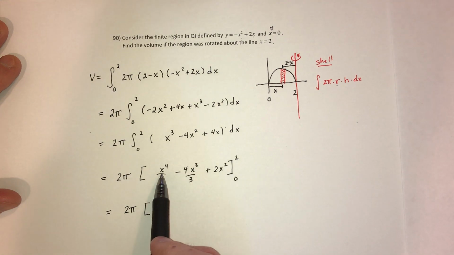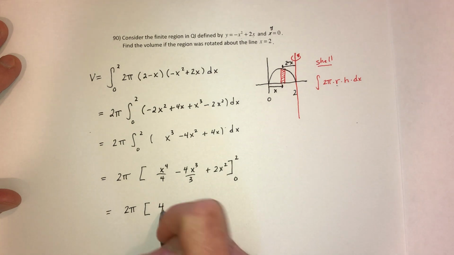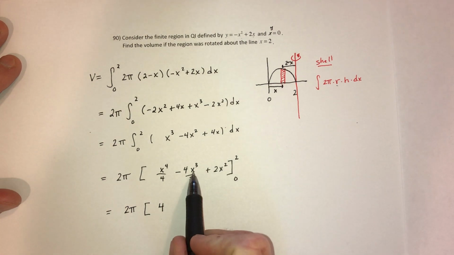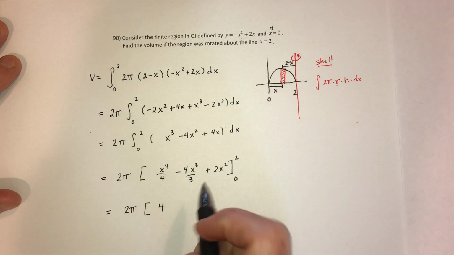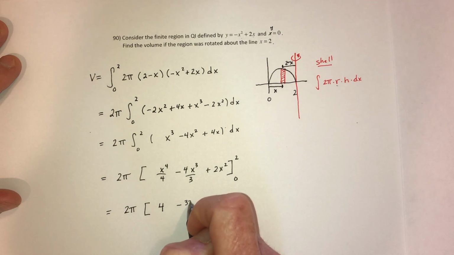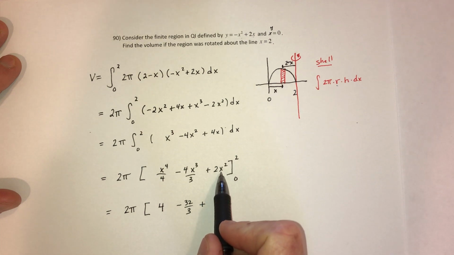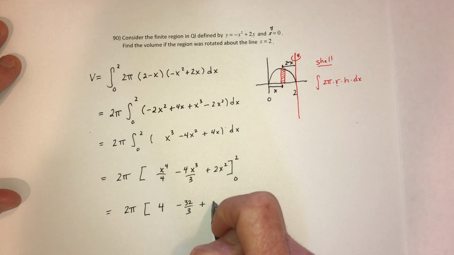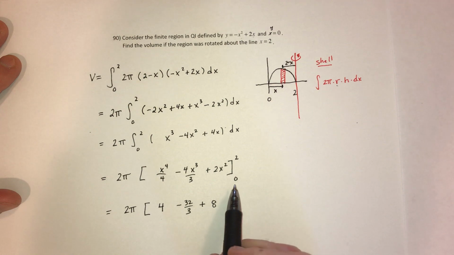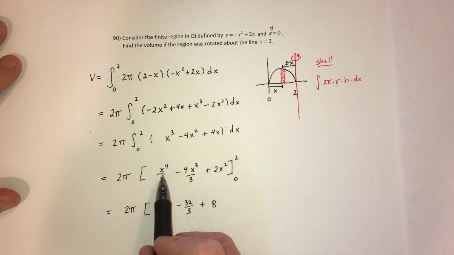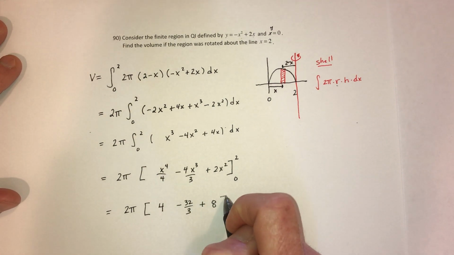So when you substitute a 2, this is going to be 16 divided by 4 is 4. This will be an 8 times 4, so that's negative 32 over 3. And then 2 squared will be 4 times 2 is 8. And then, God love the 0. Plug that in, it's 0.